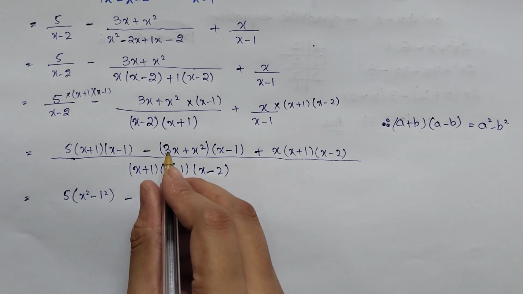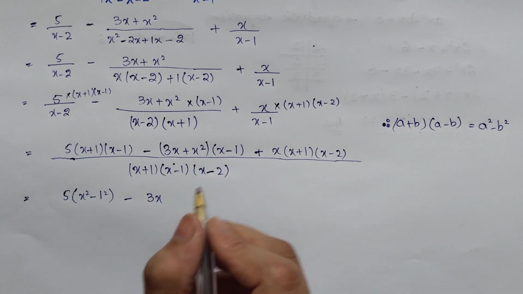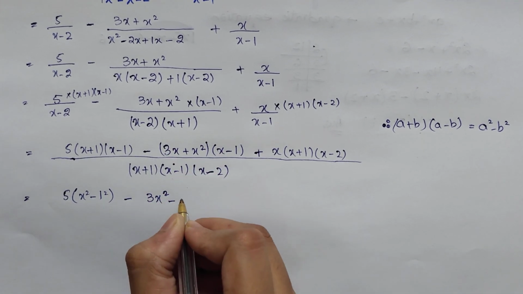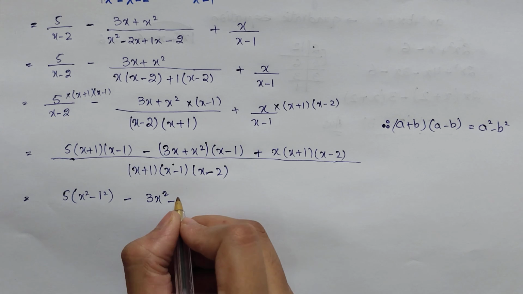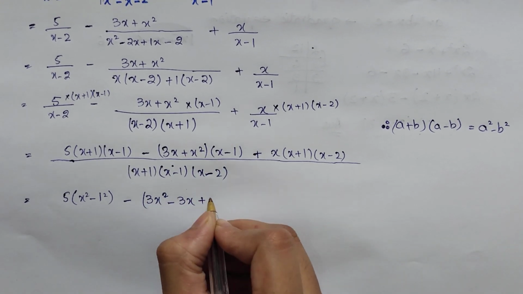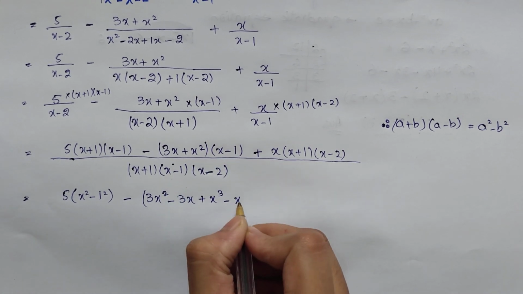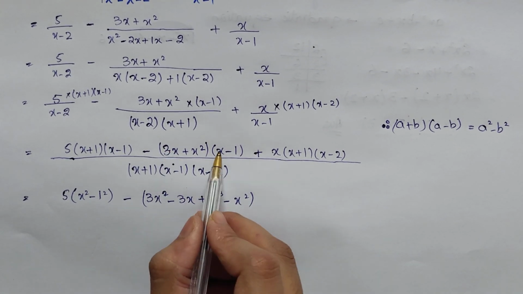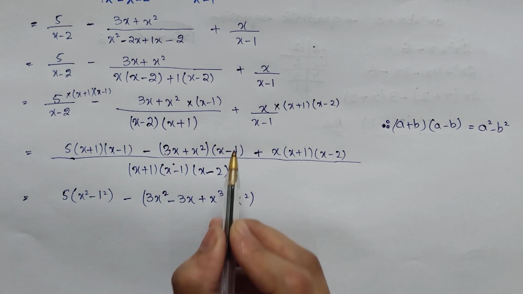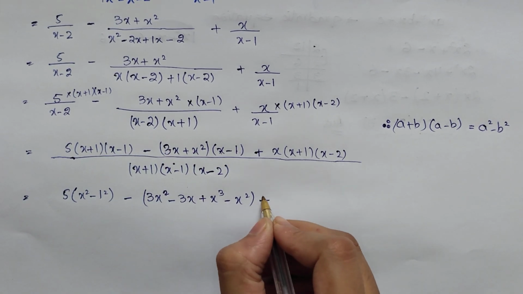Minus, multiply 3x by this term: 3x into x is 3x square, minus 3x into 1 is 3x, plus x square into x becomes x cube, minus minus x square into 1, x square. I multiply the first term by the first, then the first by the second, then the second by the first, then the second by the second. It is multiplied by both the numbers.